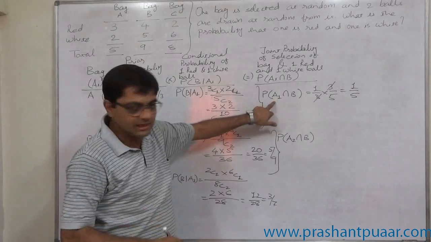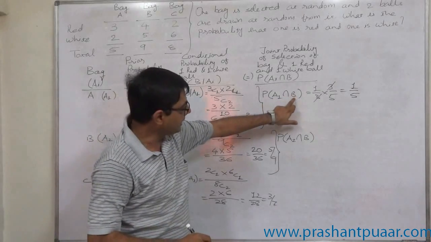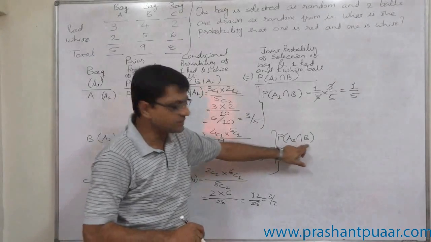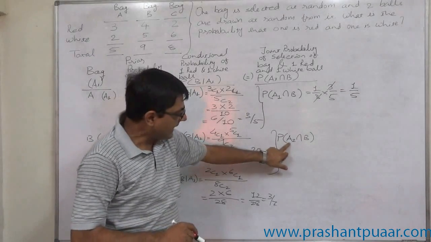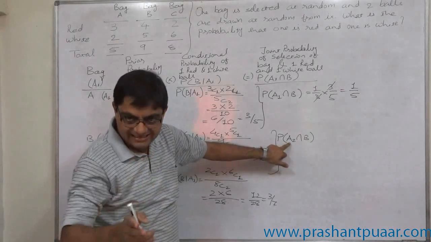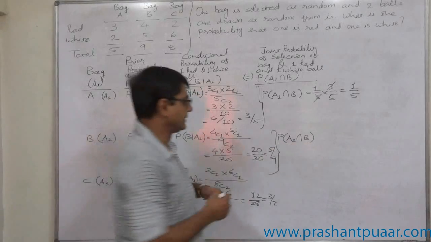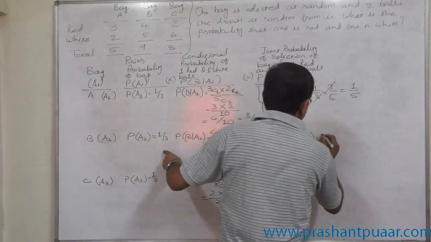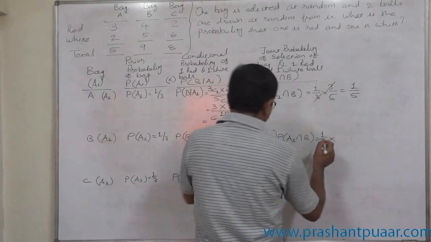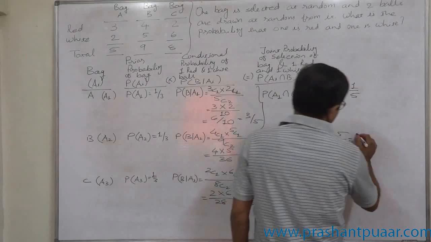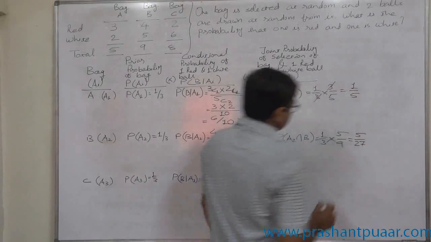Bag A is selected and a red and a white ball from it. Similarly, P of A2 intersection B is bag B is selected and a red and a white ball from it. It is 1 by 3 into 5 by 9. No simplification is possible, so it is 5 by 27.